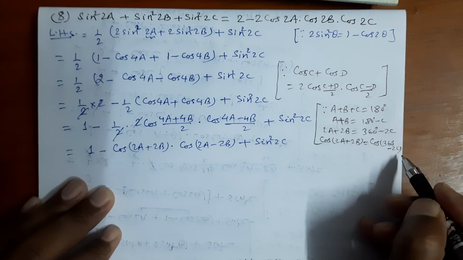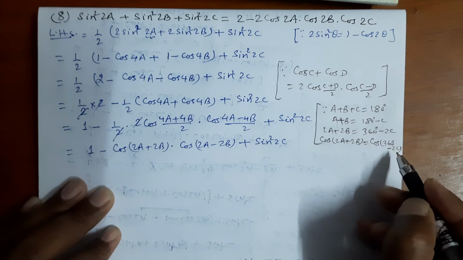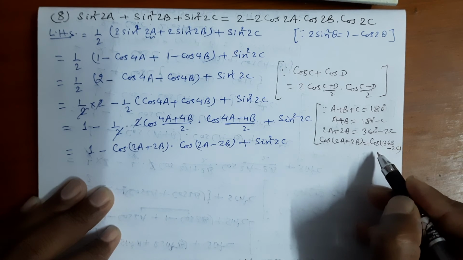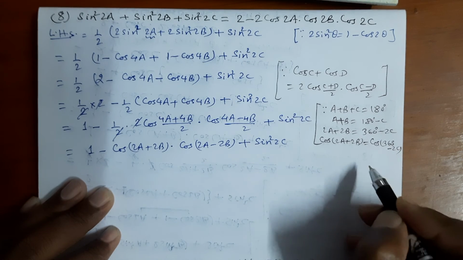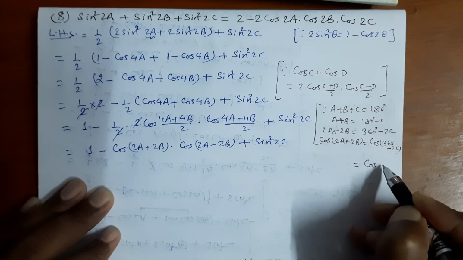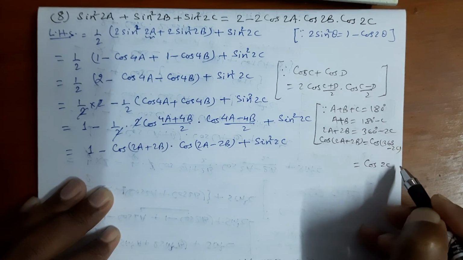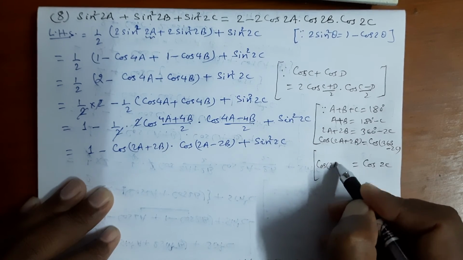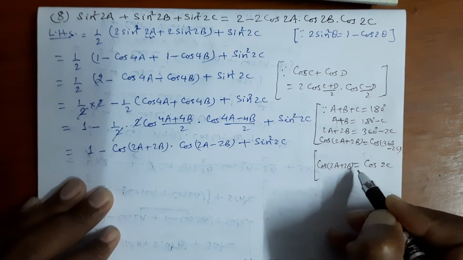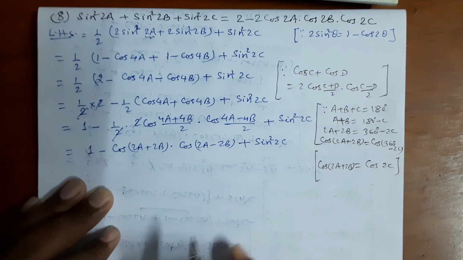This 360 minus something lies in the fourth quadrant. In the fourth quadrant, cos is positive, and 360 is 90 times 4, an even multiple of 90, so cos does not change. So it is cos 2c only. Cos(2a plus 2b) equals cos 2c.